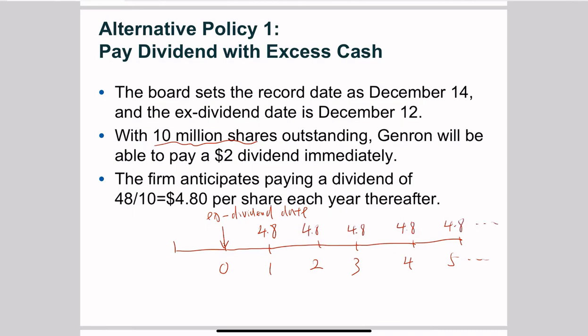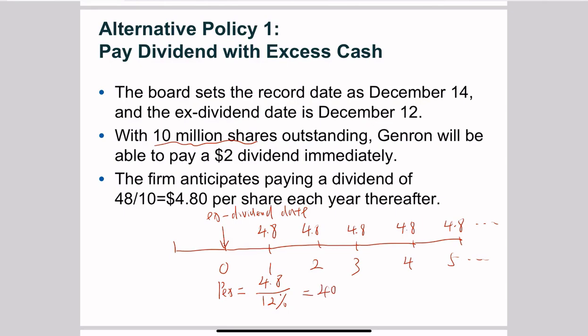And then obviously we can value the firm's share price using this dividend discount model, right? So share price on this X dividend date would be per year cash flow divided by the cost of equity. So this gives us 40.